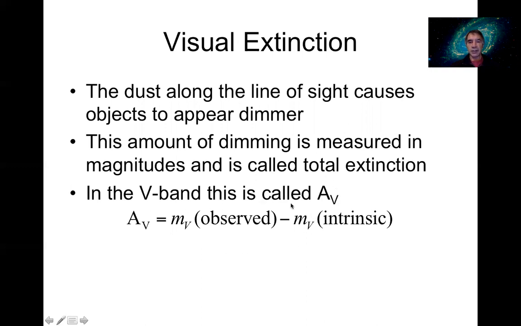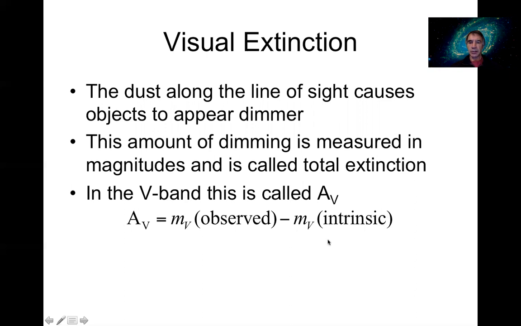And it's defined mathematically, putting into maths what the words said here. The amount of extinction along a line of sight to a star is the difference between its observed apparent magnitude, so little m_V is the apparent magnitude, the magnitude we would actually observe, and what I'm going to call the intrinsic apparent magnitude, which is the apparent magnitude the star would have had if there was no dust between us and the star.